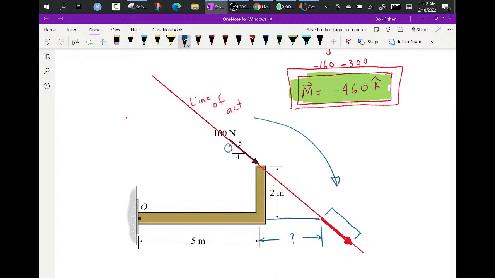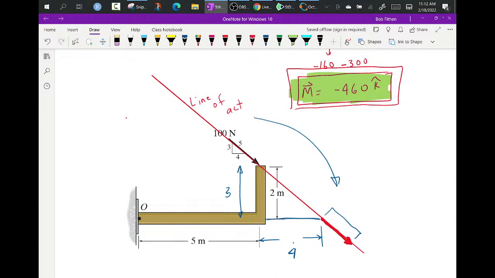I'm not necessarily interested in the distance from here to here because it's 2. But if I took this and moved it down 2, how far did I move it over? Well, if I moved it down 3, it would have been 4. So again, if this were 3, this would be 4. But it's not 3, it's 2, which I just wrote over that.